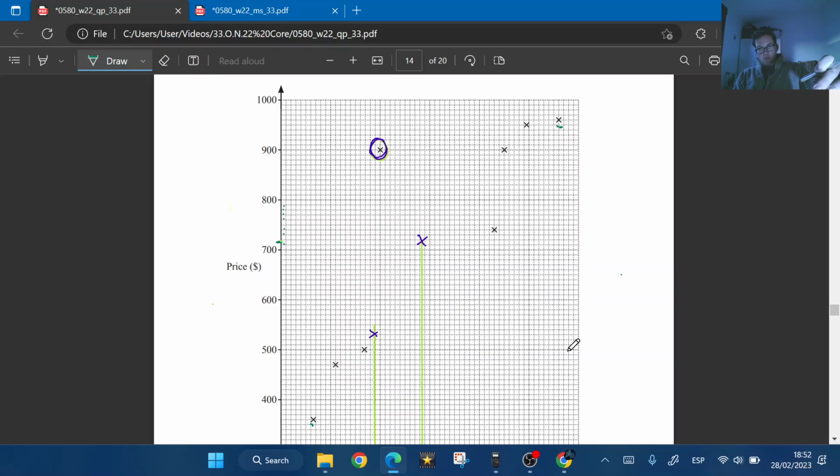Something like this. Let's check. I've got 1, 2, 3, 4, 5 below, only 2 above. So I think that's a bit too high. Let's try it a bit lower. Let's try about this. We've got 1, 2, 3, 4, 5 below, 1, 2, 3, 4, 5 above. That's a good line of best fit.